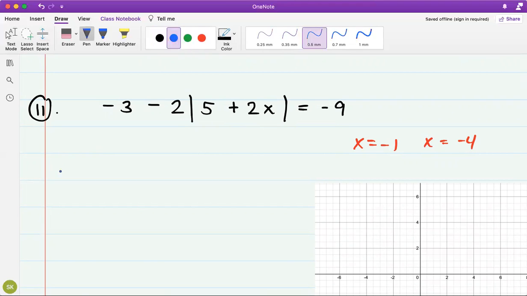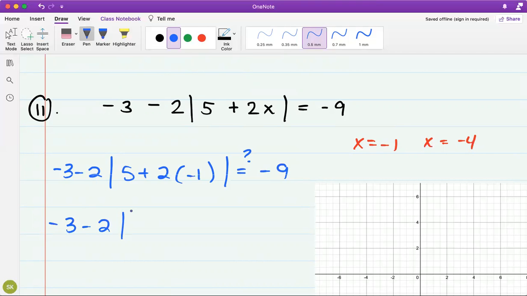So I get -3 minus 2 times the absolute value of 5 plus 2. Let's start with this one, -1. Does that equal -9? So you get -3 minus 2. Inside you get 5 plus 2, which is 7. Does that equal -9?